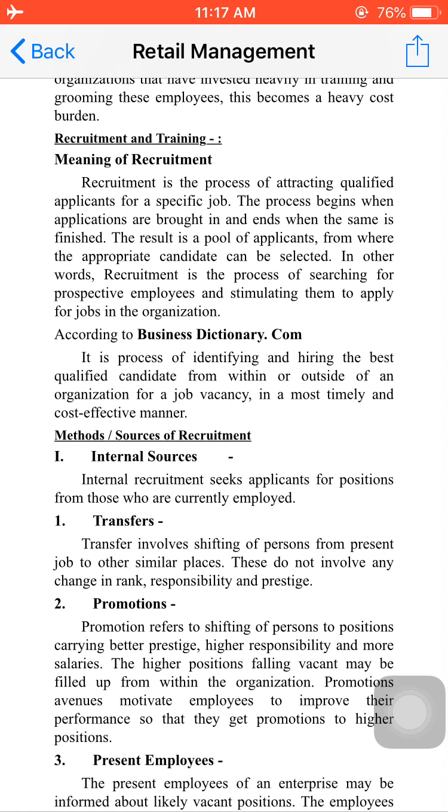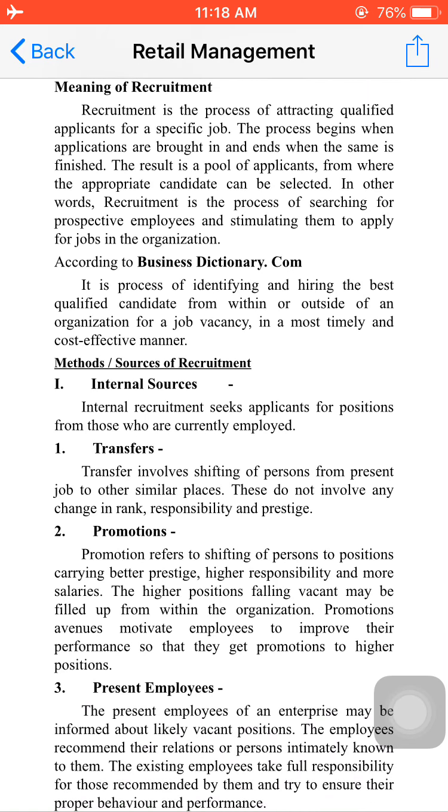Looking at that, voluntarily or by some forceful activities, in the sense some might recommend him to apply for the jobs, they come and apply, and making them work in your organization is called recruitment.